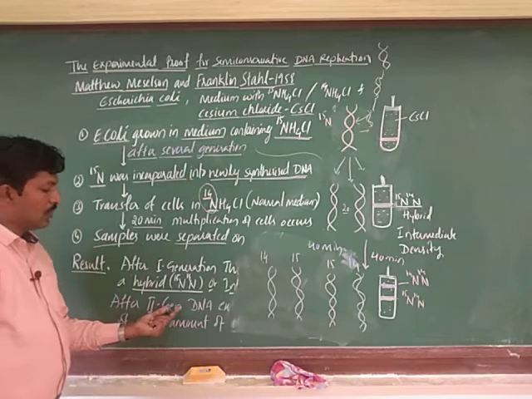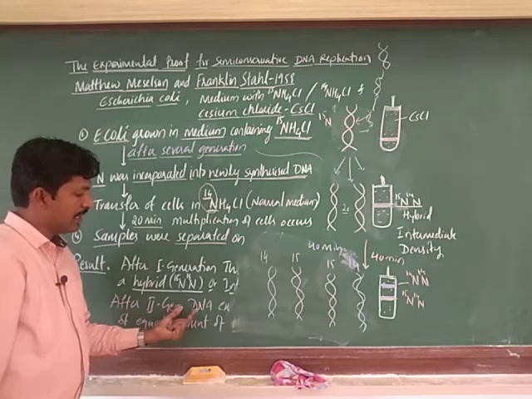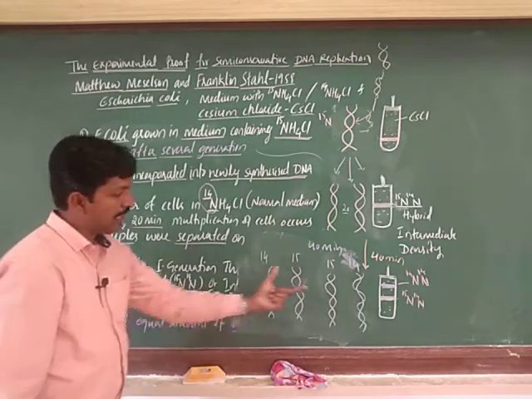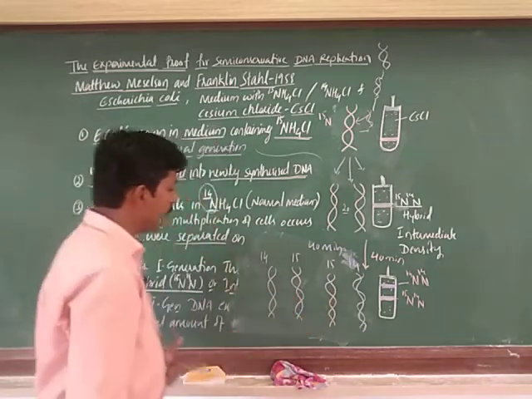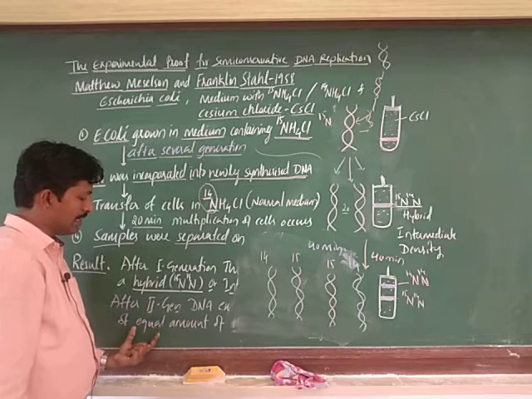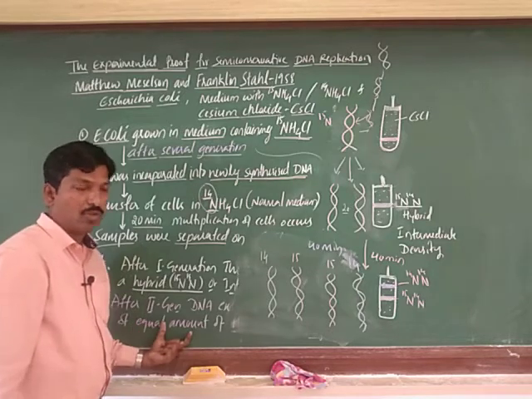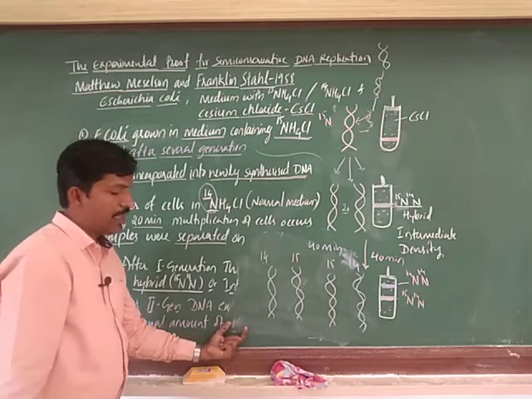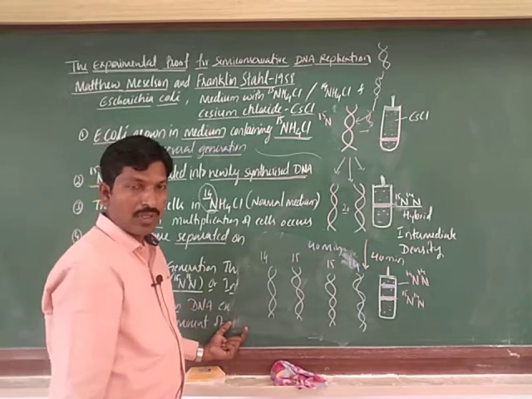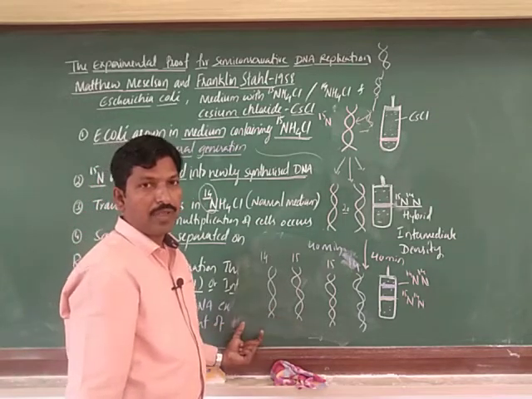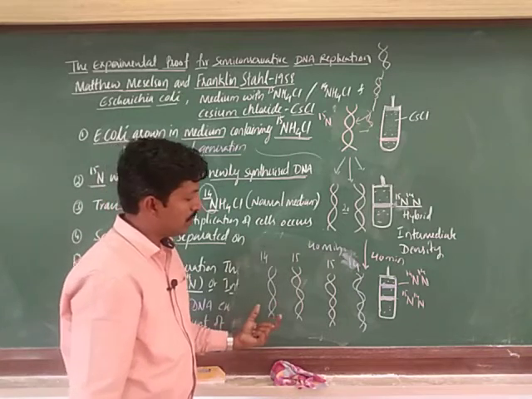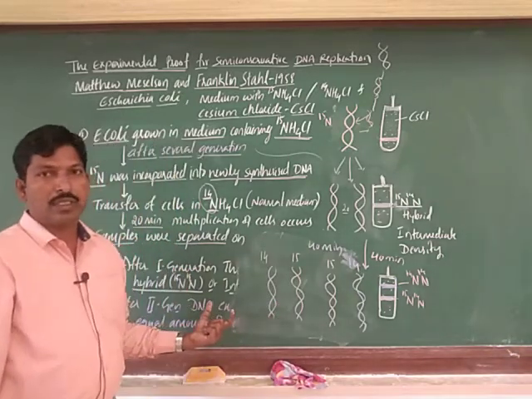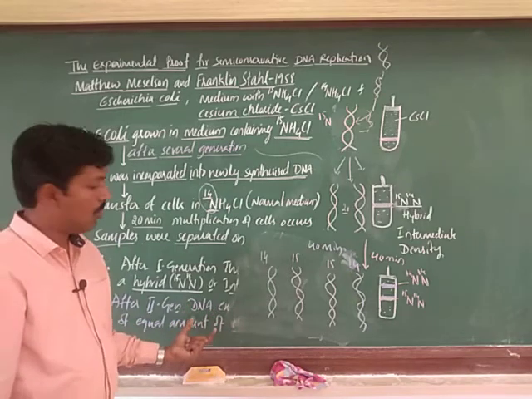In the second generation DNA extract, we observed 50%, an equal amount of heavy DNA molecules and light DNA molecules, which we call intermediate, or hybrid DNA.